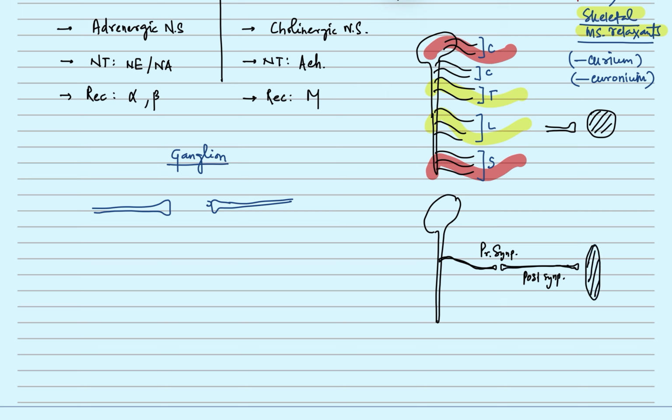Now a nerve junction is formed here. This is called a ganglion. Okay, I hope everybody remembers this. The neurotransmitter and receptor I talked about here are in respect of the postsynaptic neuron and the end organ.